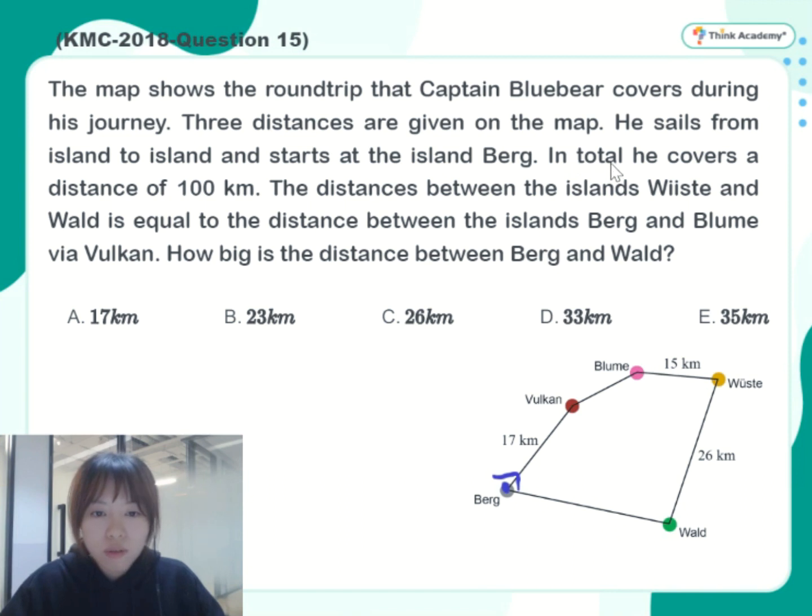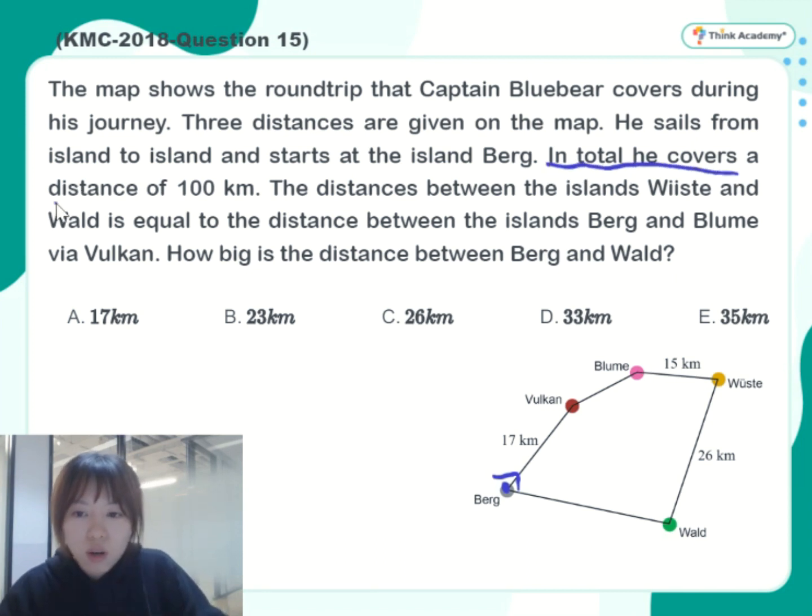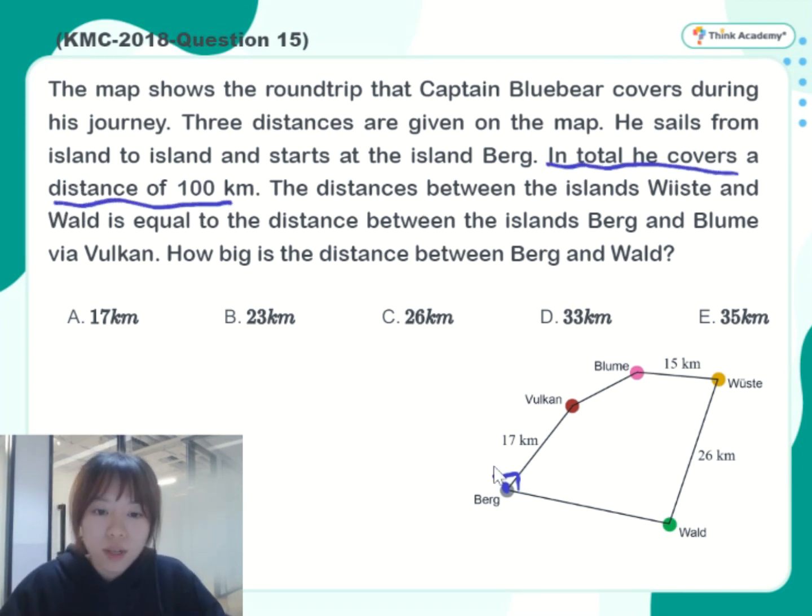If we start from Berg, in total, he covers a distance of 100 kilometers. So what's this 100 for? The total distance means the perimeter of this shape is 100 kilometers.